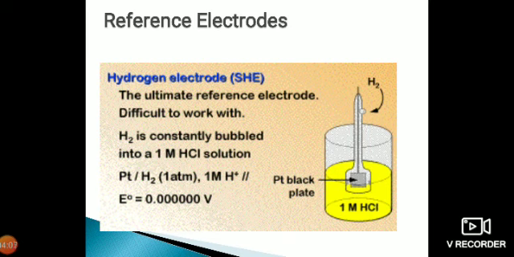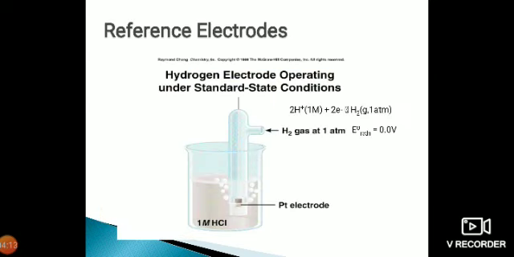It consists of a platinum electrode immersed in a 1 molar solution of H+ ions maintained at 25 degrees centigrade. Hydrogen gas at 1 atmospheric pressure enters the glass hood and bubbles over the platinum electrode. The hydrogen gas at the platinum electrode passes into the solution, forming H+ ions and electrons.